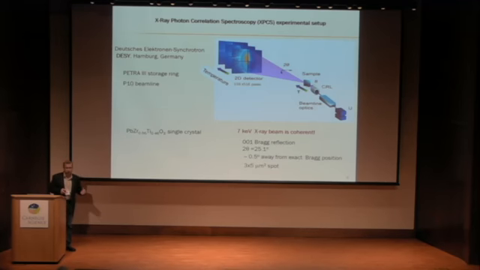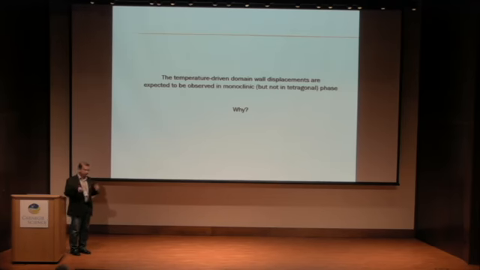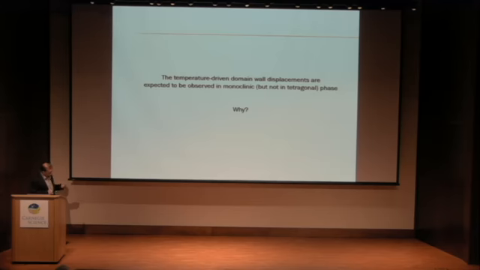Thus, during constant cooling of the crystal, we observe the changes, and we expect that due to change of domain pattern or due to motion of domain walls, the speckle pattern would change, and we expect that the motion of domain walls would occur in the monoclinic phase, but not in the tetragonal phase, as we study the crystal upon cooling from the tetragonal phase, then in the monoclinic phase.